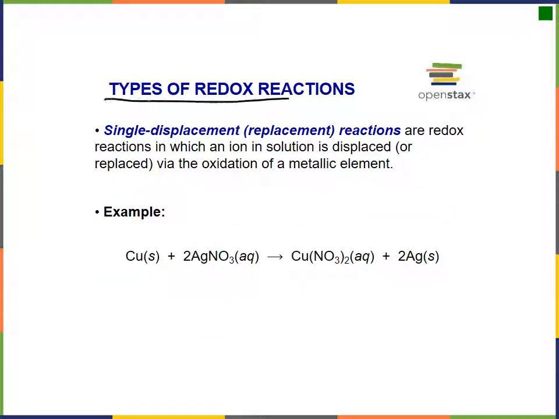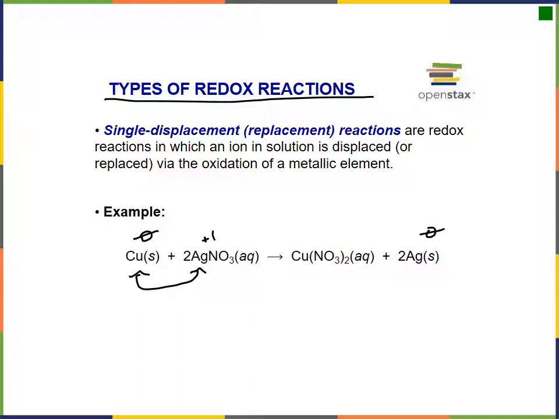So a couple of types of redox reactions. We've already talked about single displacement or single replacement, and we can look at these and see that one thing is being replaced. We're replacing the silver with the copper, hence single replacement. Now this is also redox, and we know this is redox because the oxidation number on an element is 0, so those 2 are 0. Nitrate has a -1, therefore silver is +1.